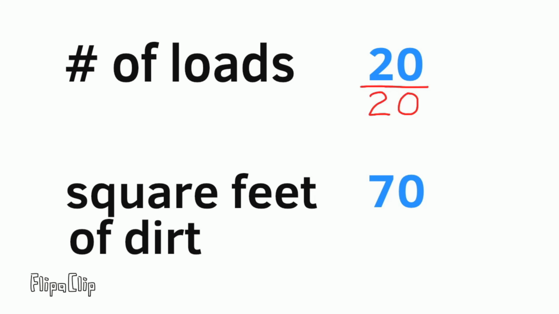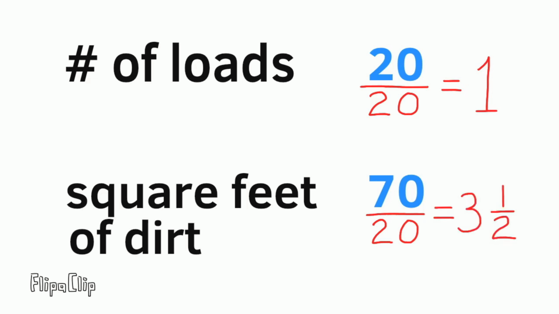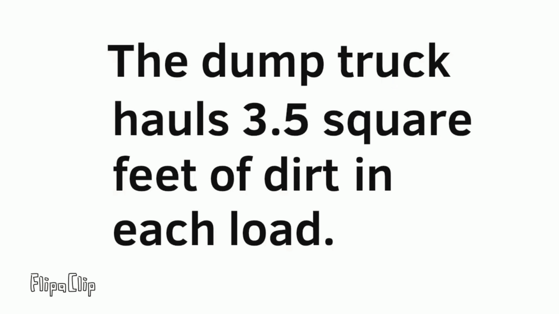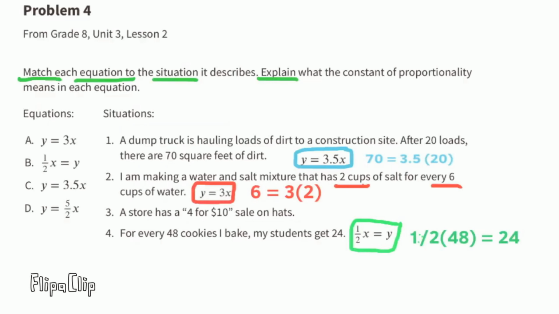Divide both of these by 20. 20 divided by 20 is 1, or 1 load, and 70 divided by 20 is 3.5, or 3.5 square feet of dirt. So for every 1 load, there's 3.5 square feet of dirt. The dump truck hauls 3.5 square feet of dirt in each load. So equation C matches with situation 1.